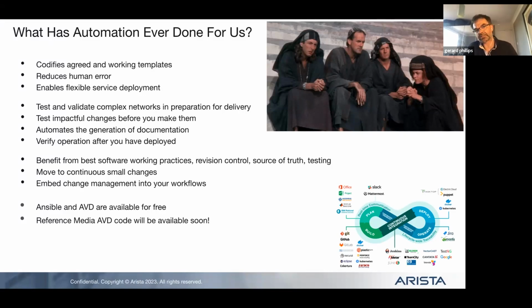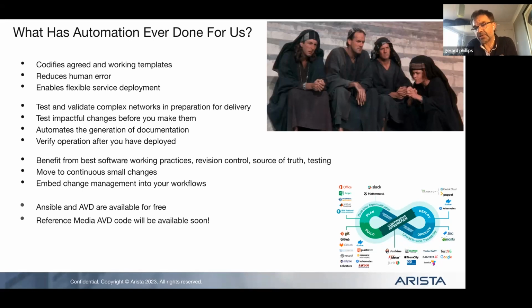But the bottom line is this automation is being deployed widely in the wider IP industry, and if media and entertainment can jump on the back of this, then we'll discover we can really reap some amazing rewards, reducing human error, enforcing templates and patterns, which makes sense anyway. We heard about the automation of documentation. Who generates documents when they're supposed to?